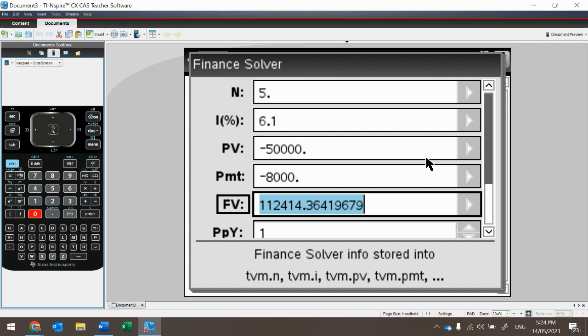Now, with these questions, it's important not to round these figures. The reason for that is we don't want to round until we get to the very, very end. We haven't finished this question yet. So this 112,414, we're going to need to keep those decimals, because if we round it and then round it again at the end, we'll likely get an answer that's probably a few cents off what it should be.